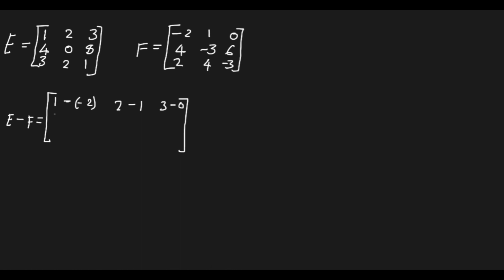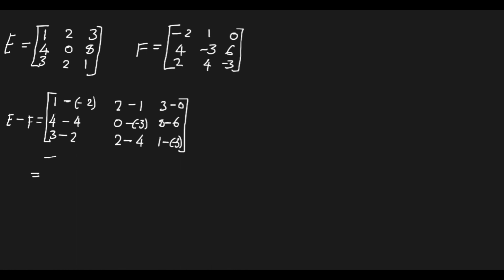The second row now, 4 minus 4, 0 minus negative 3, 8 minus 6. The third row, 3 minus 2, 2 minus 4, then 1 minus negative 3.